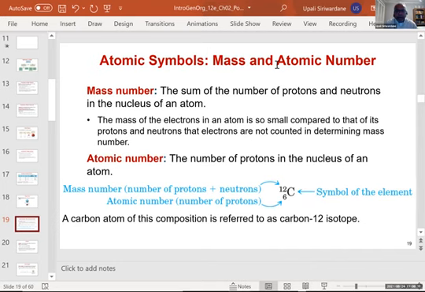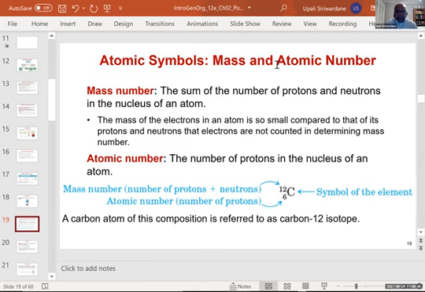The mass number of an atom is the sum of the number of protons and neutrons in the nucleus of an atom. Mainly, protons and neutrons determine the mass of the atom.